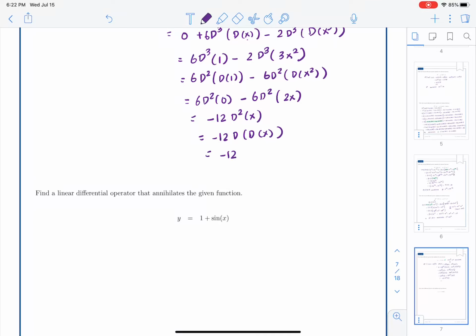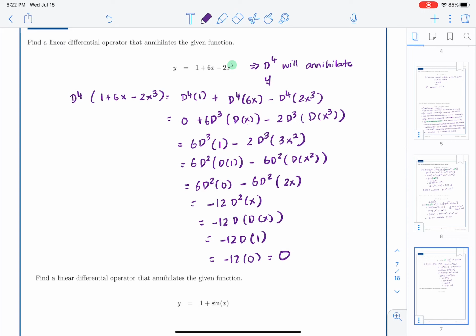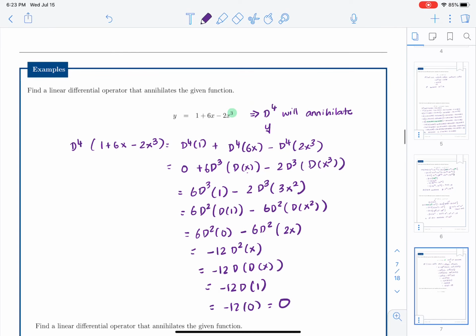Derivative of x is 1, and negative 12 times the derivative of 1 is 0. We get 0. So clearly D raised 4 will annihilate the entire expression 1 plus 6x minus 2x cubed, because D raised 4 would annihilate all expressions all the way up to x cubed. So I should probably put that as a remark.